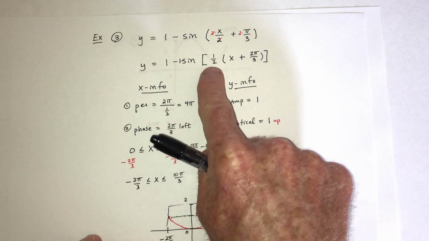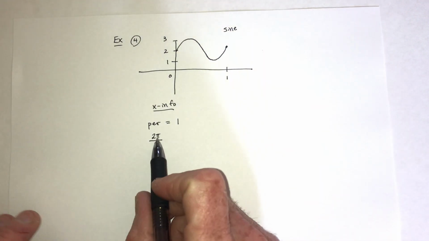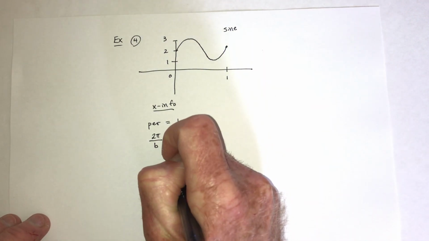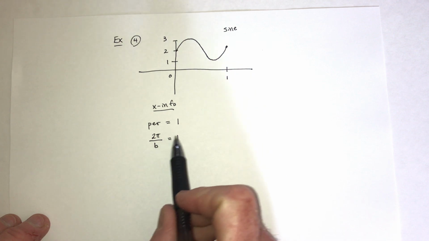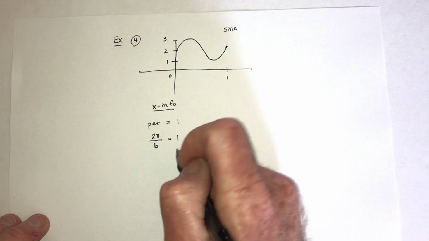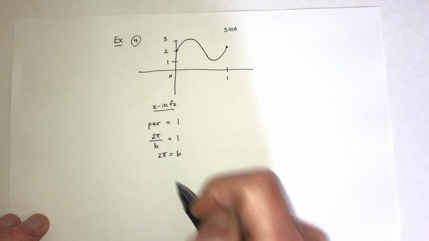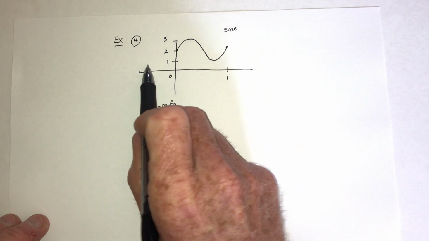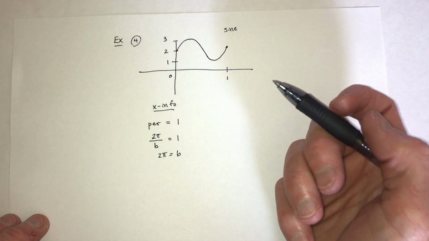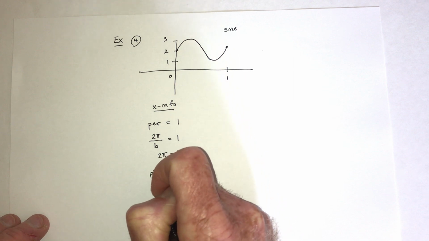So that number is quite often called b. So 2 pi, somebody did the formula 2 pi divided by b, and they got the answer 1. So then you could cross multiply or multiply both sides by b, and it's going to say b was equal to 2 pi. Now as far as shifting left or shifting right, it looks like it was not shifted. So we've got the phase shift is 0.